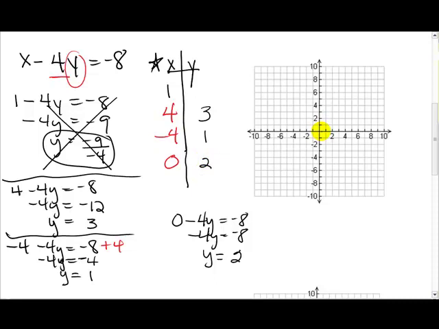Come to your graph. Always start at the center, and we are going to move right for the x or left, and then we're going to go up and down. So if I go over to the 4 and up 3, 1, 2, 3, and then -4, 1, 2, 3, 4, and a 1, and then 0, 2.